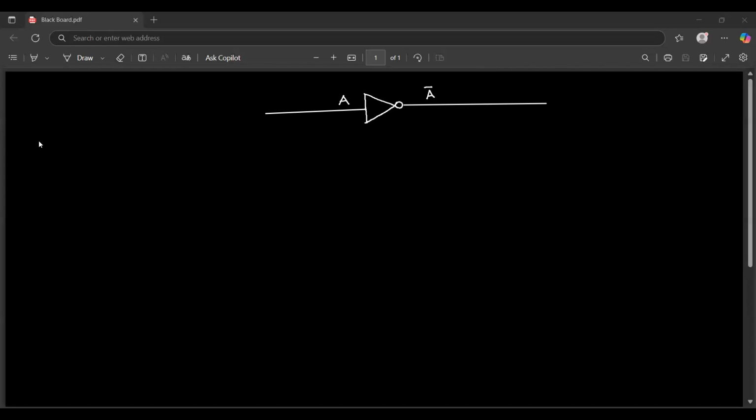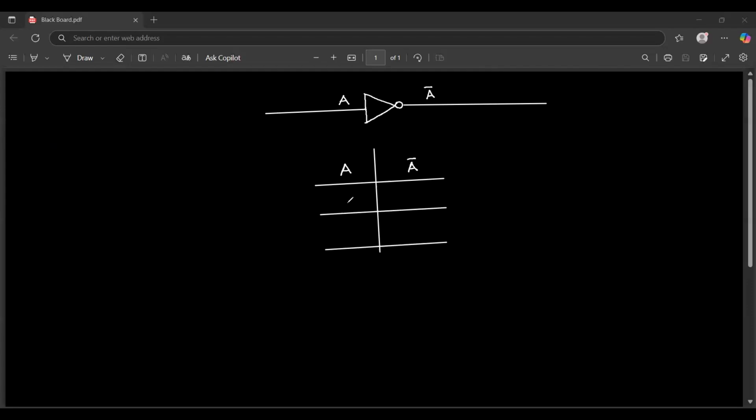So what about the truth table? Let's say this is A, then A bar is the output. A is the input, A bar will be the output. A truth table is a table where we have a clear understanding, for each input, of what the given output will be.